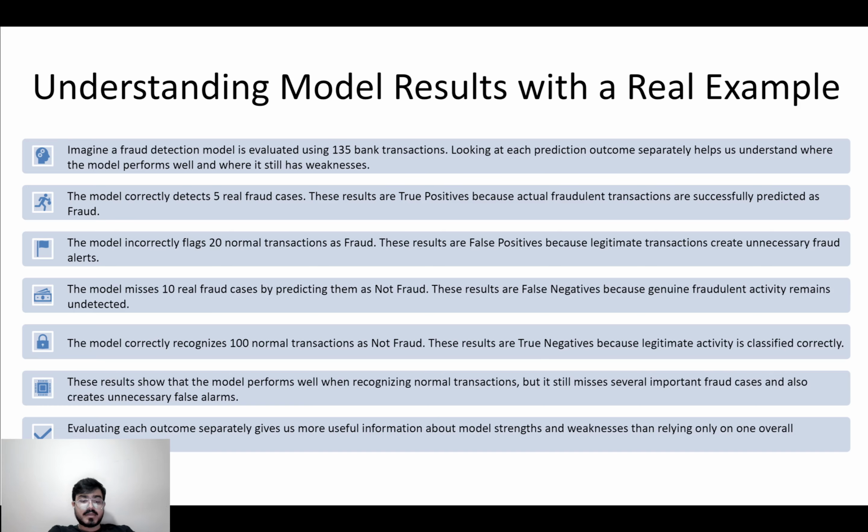Finally, the model correctly identified 100 normal transactions as not fraud. These are true negatives, showing that the model correctly recognized legitimate transactions. This example shows why the confusion matrix is much more useful than looking at accuracy alone. Instead of giving us only one number, it helps us understand exactly where the model performed well and where it still needs improvement.